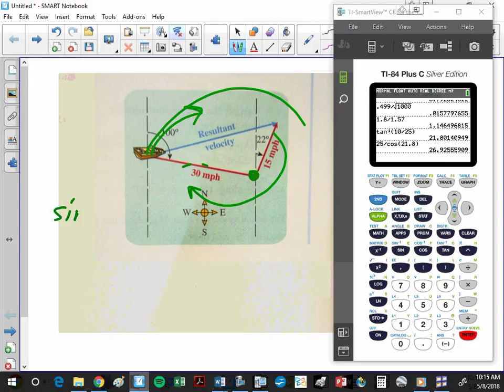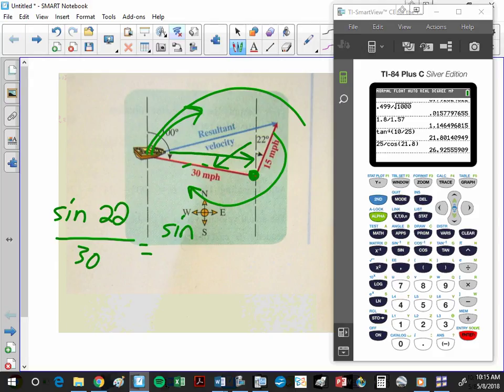So the sine of 22 over 30 is equal to... I'm doing the law of sines.